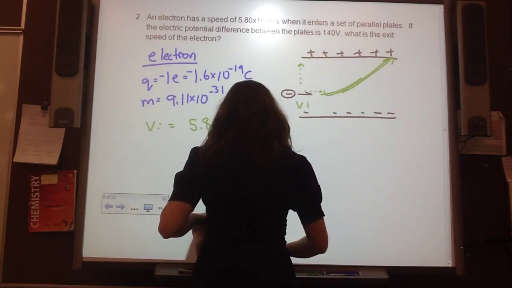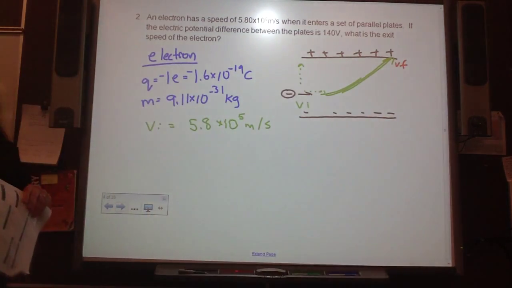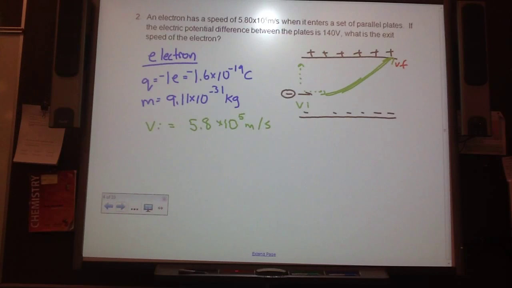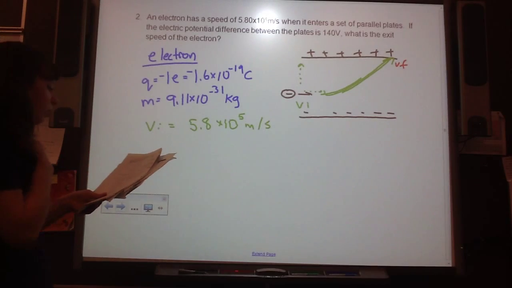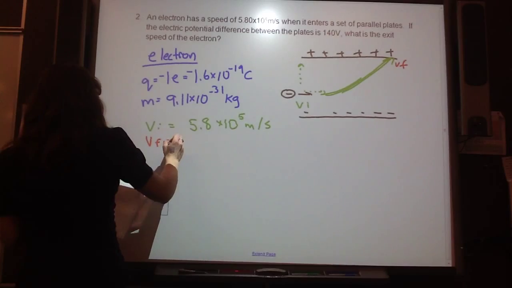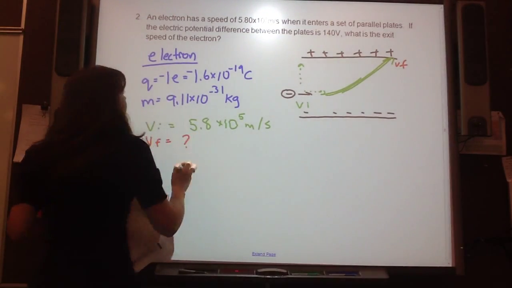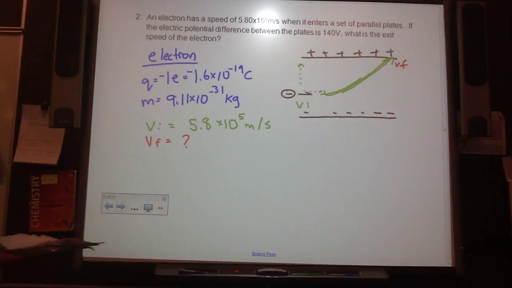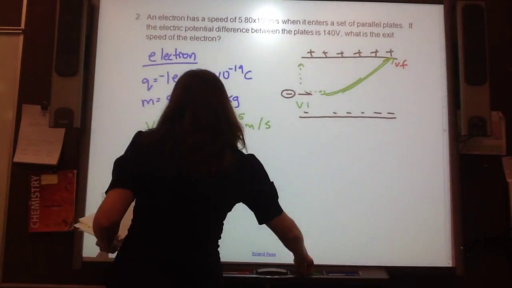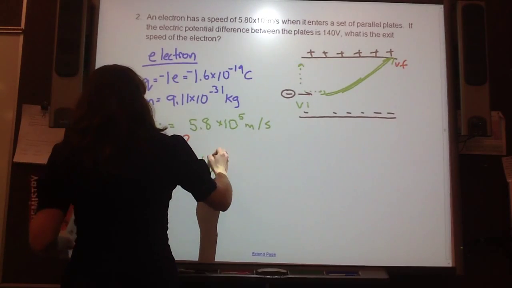And the question's asking us what's its VF as it leaves. So we need to think about it as acceleration. So we're looking for VF, and we know our delta V is 140 volts.